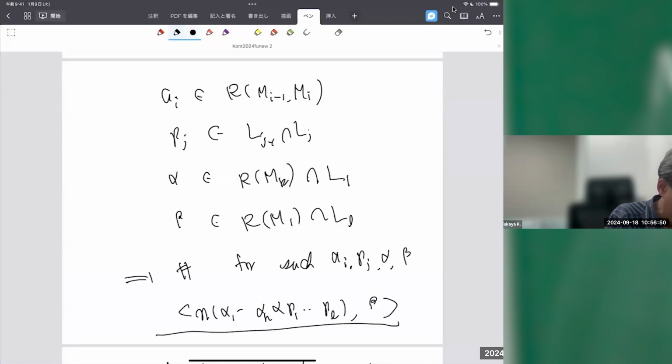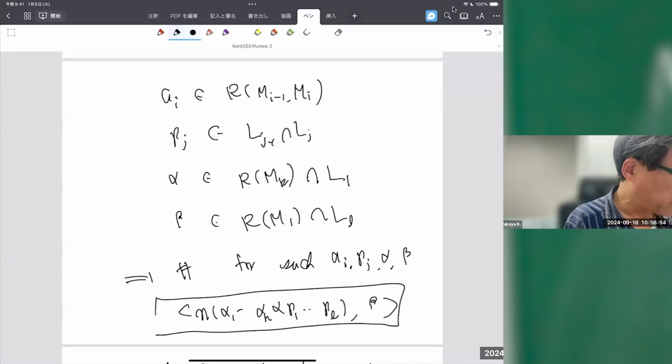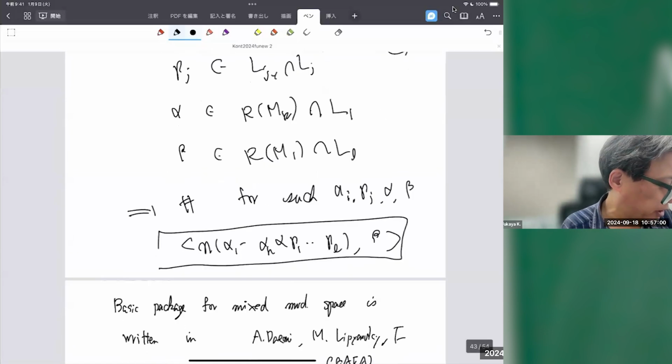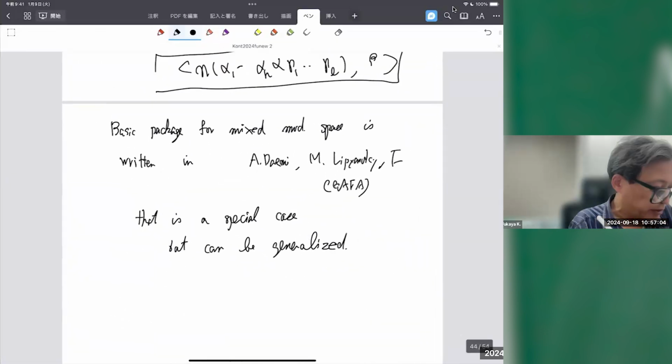So this is a definition of the bimodule structure. And you will see how this picture, so this is the definition of N. And actually, the basic package to build this mixed moduli space is written in our recent paper published in GAFA with Alekaba Daime and Max Lipiansky.